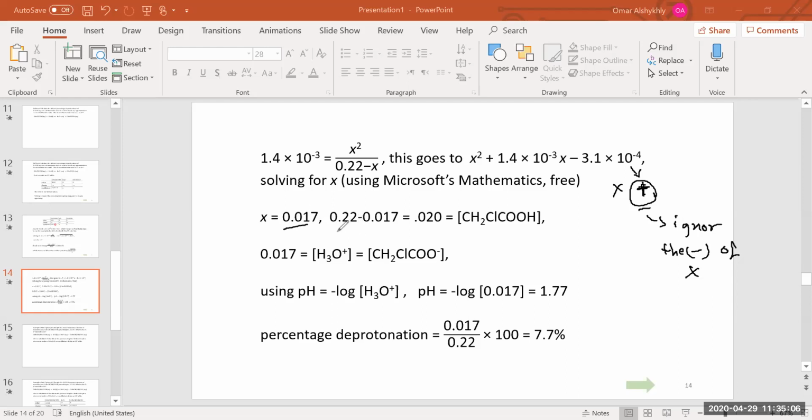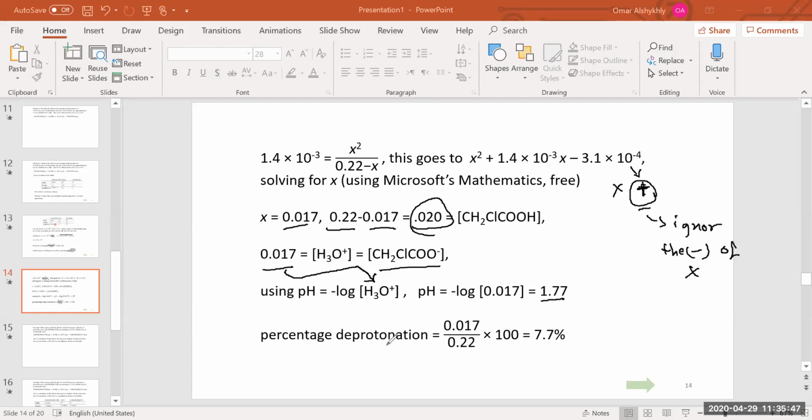So here, the chloroacetic acid is 0.22 minus 0.017, which gives us approximately 0.2. The H3O plus, which represents the x, will be 0.017, and will represent also the ion concentration. Now the pH will equal minus log of the concentration of H plus. That gives 1.77.